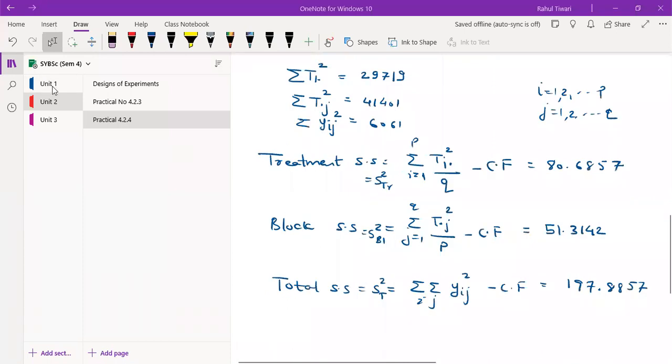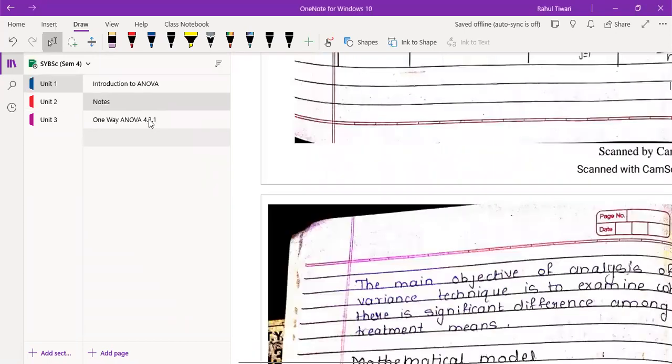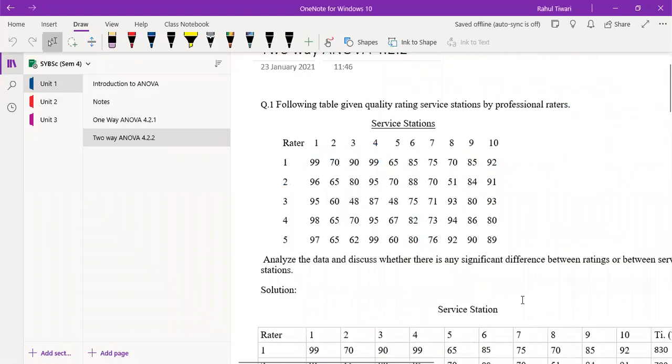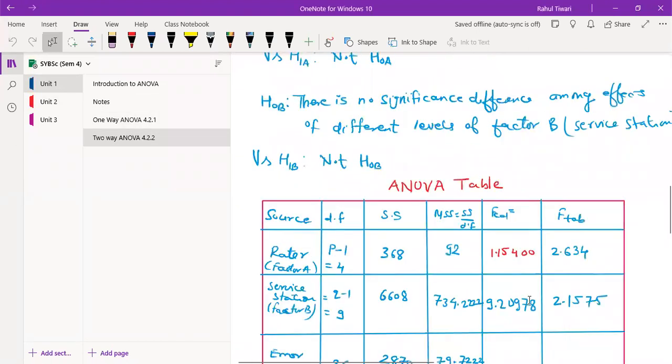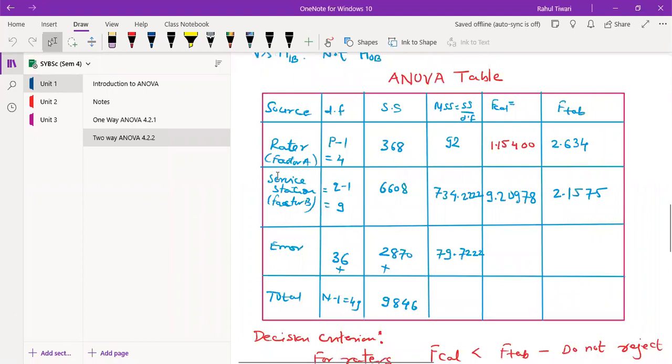So you can just cross check whether this is right or wrong, and then let me know. What is your answer? Exactly the same way we have to work as you worked in 2A ANOVA.